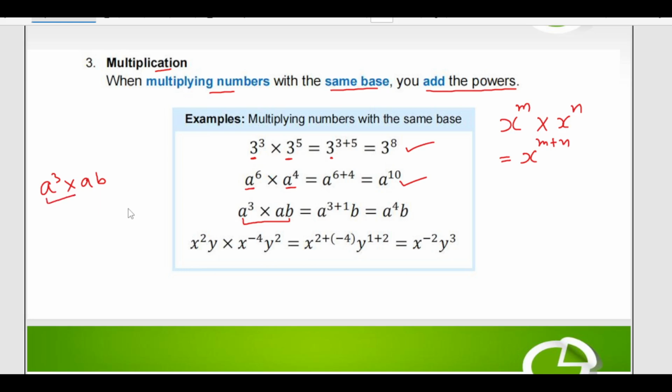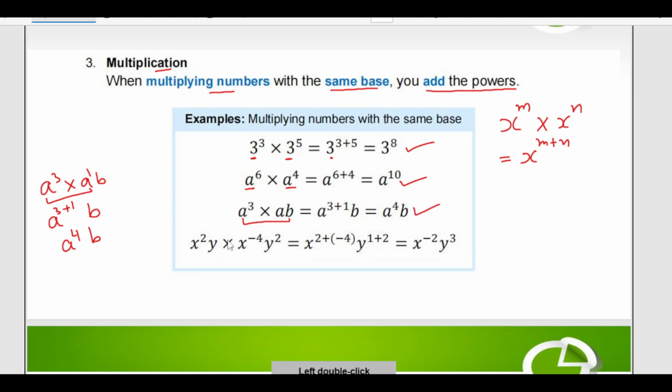So, a is happening twice, and a in the second term has nothing on top, that means there is 1. So, 3 plus 1, then we have b. So, this becomes a power 4 and there is no other b there, so it remains as it is. So the final answer here is a power 4 b.